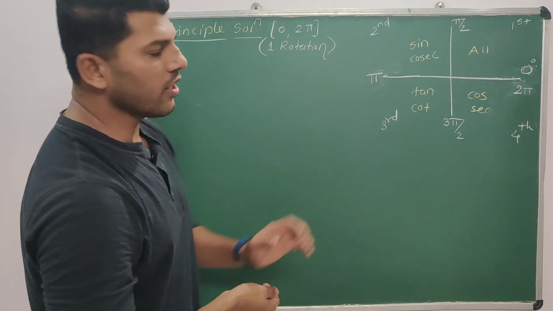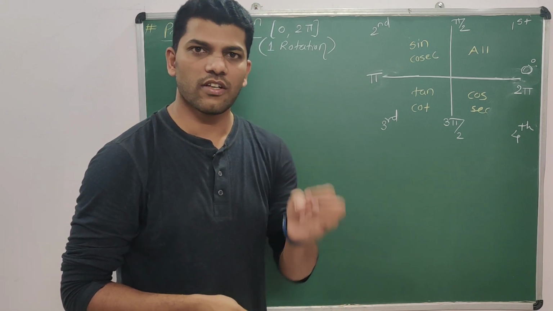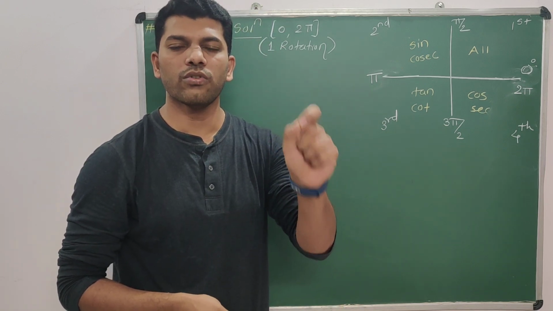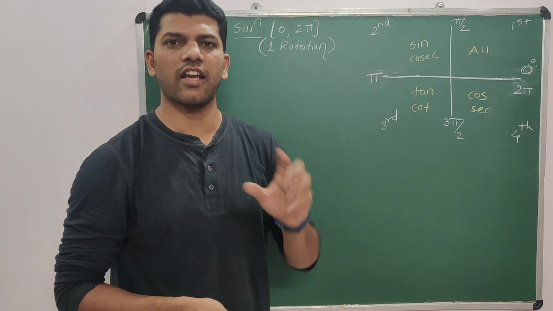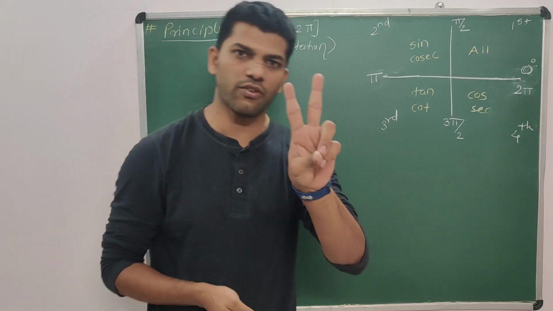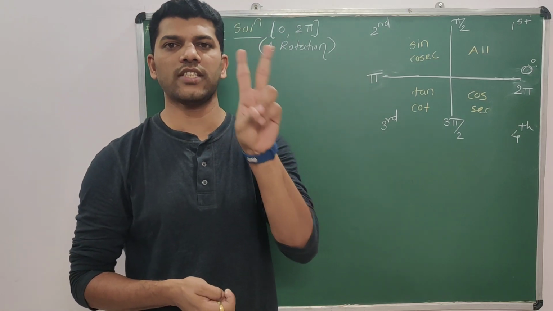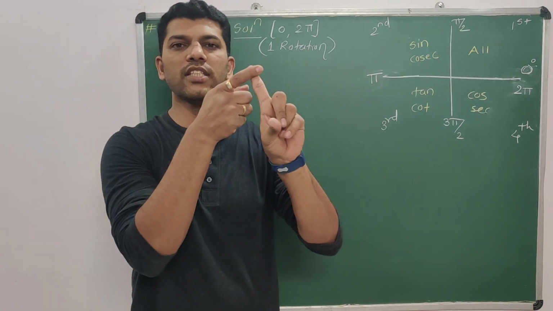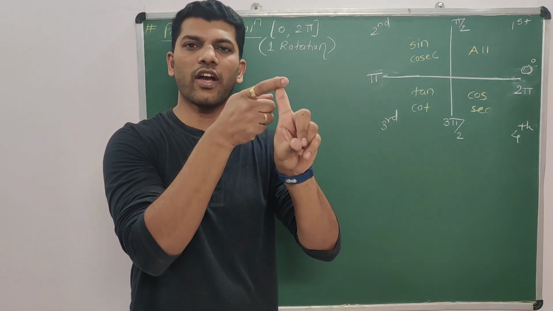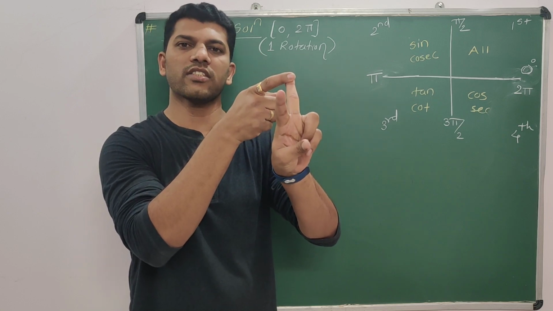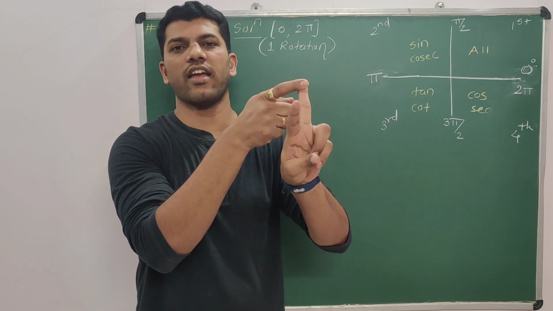To understand principal solutions, you must revise how to solve allied angles, and you must know the values of trigonometric ratios. So please try to understand, friends. There are two basic requirements to find principal solutions. First is how to find values of trigonometric ratios, and second is how to solve allied angles.